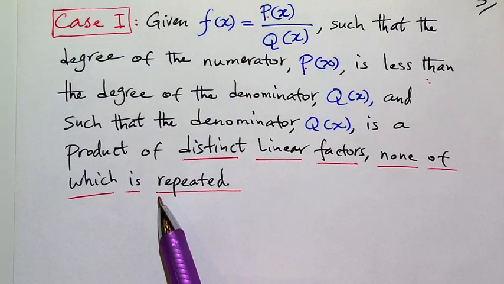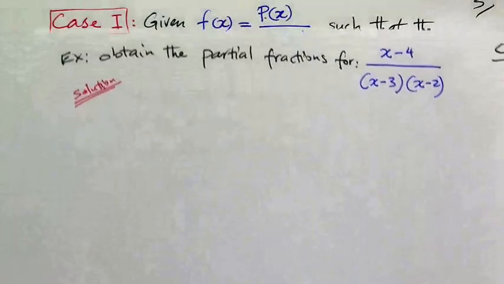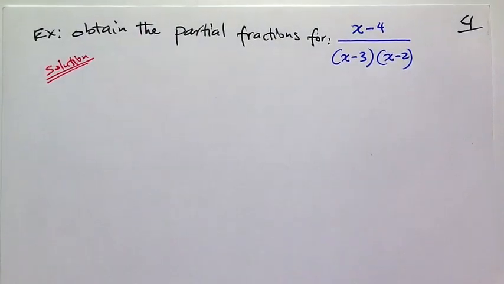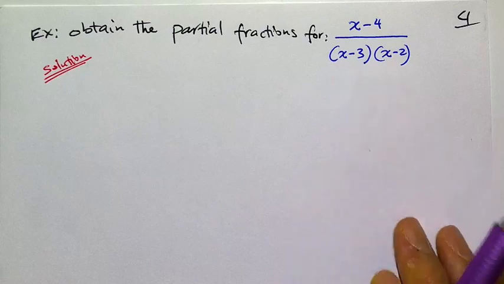So you might say, well, that's not good enough because I need to see an example. And I agree with you, and that's exactly what I have in mind next. So the example we're going to look at is this one. Obtain the partial fractions for this rational function. You see that?